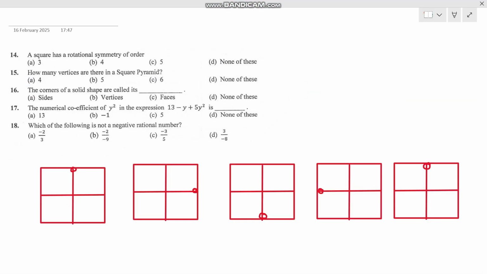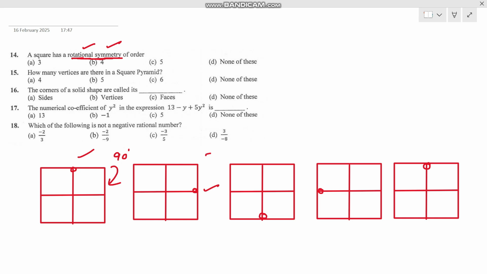Question number 14. A square has a rotational symmetry of order. For that you need to first understand what rotational symmetry is. Rotational symmetry means you are rotating the figure in such a way that it does not change its shape. Suppose here you can see that this is a square. If we rotate it 90 degrees in the clockwise direction, it will reach here and the shape is not going to change.